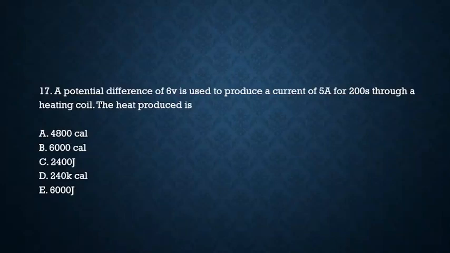Question number 17. A potential difference of 6 volts is used to produce a current of 5 amps for 200 seconds through a heating coil. The heat produced is A. 4,800 calories, B. 6,000 calories, C. 2,400 joules, D. 2,400 kilocalories, and E. 6,000 joules.